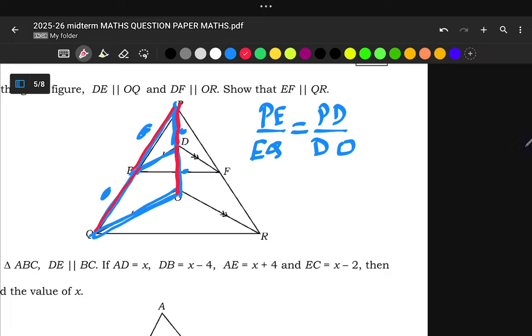And the second condition given is that DF is parallel to OR. Now consider triangle POR. See what we get here.